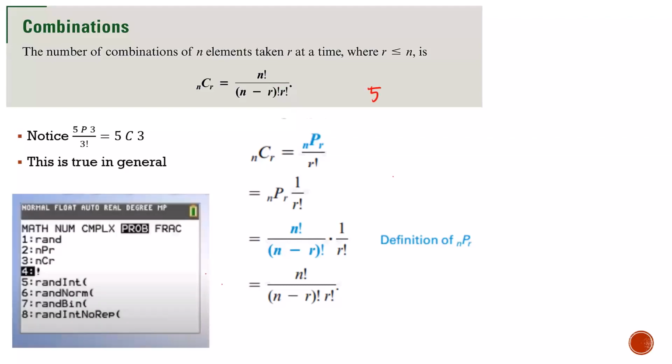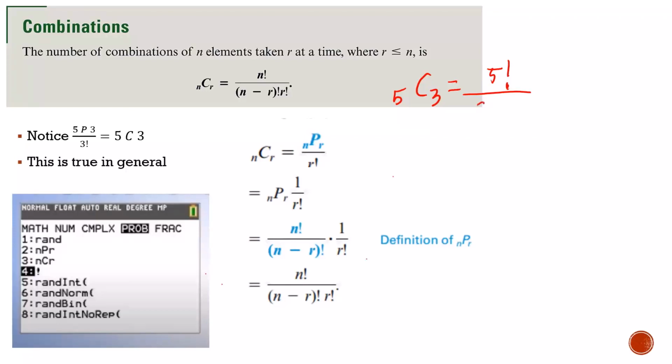and this option is also on your calculator. We used 4 before, we've used 2, now we're going to use option 3 there. Let's show the same example. If I'm giving away 3 books out of 5, just plugging that in the formula, notice n is 5, r is 3, so n minus r is 2.